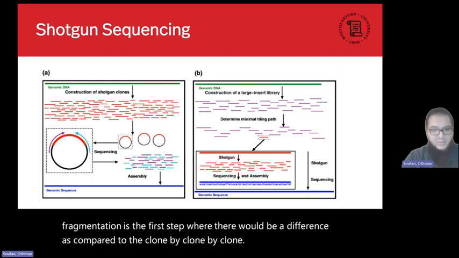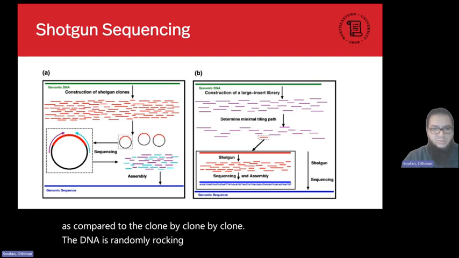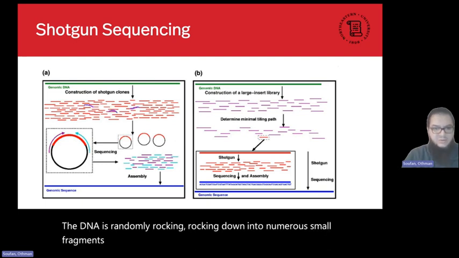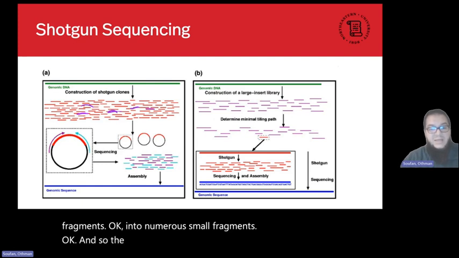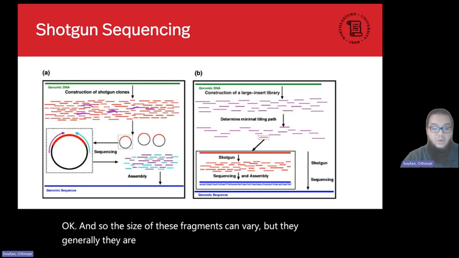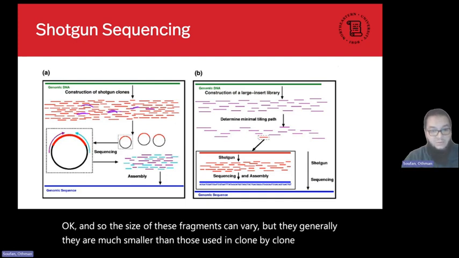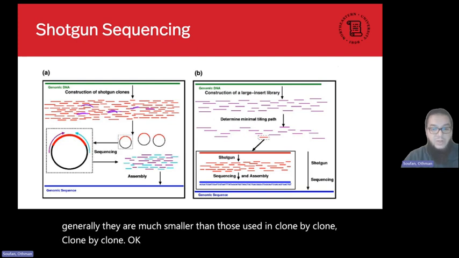The DNA is randomly broken down into numerous small fragments, okay? The size of these fragments can vary, but generally they are much smaller than those used in clone by clone. There is then cloning.